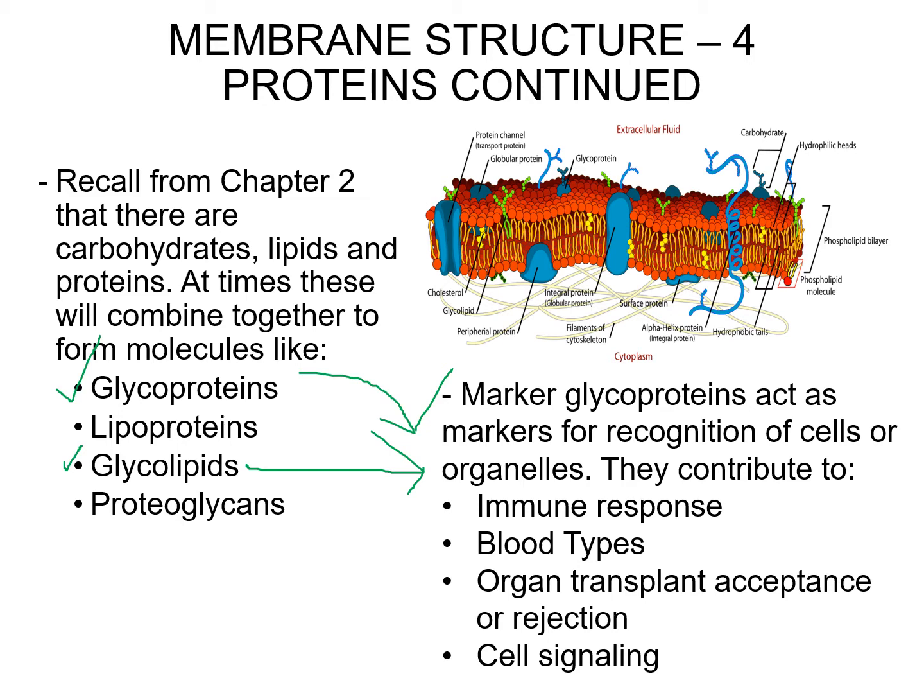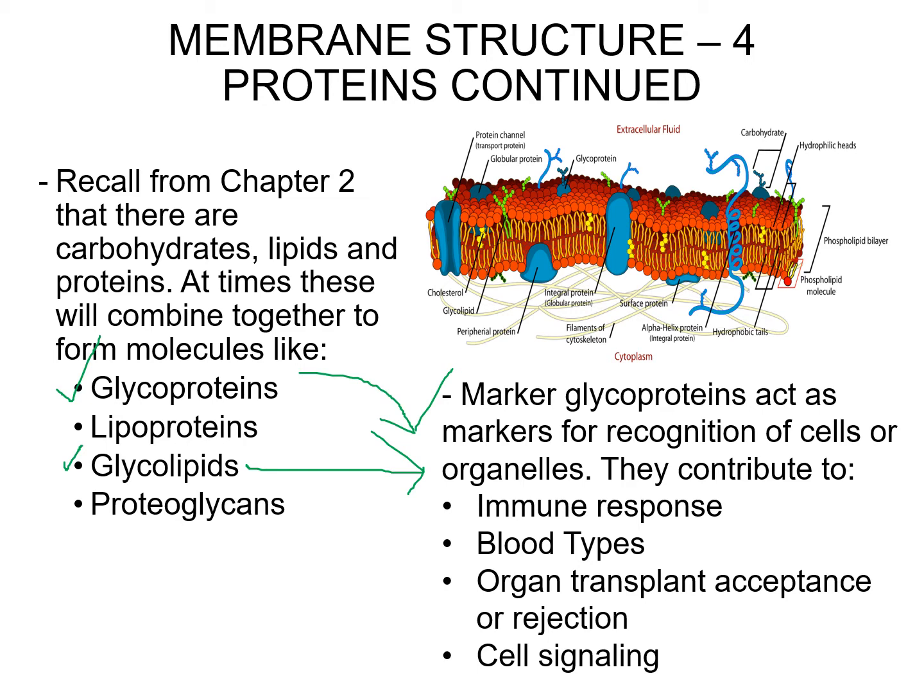When we get to glycoproteins and glycolipids, as I mentioned, a lot of them are interspersed. They all do the same thing. Glycolipids are going to be involved with the immune response and blood types and helping cells talk with one another. But so will glycoproteins. So you can see all of these different things that they're responsible for. We'll learn about the immune response and blood types next semester.